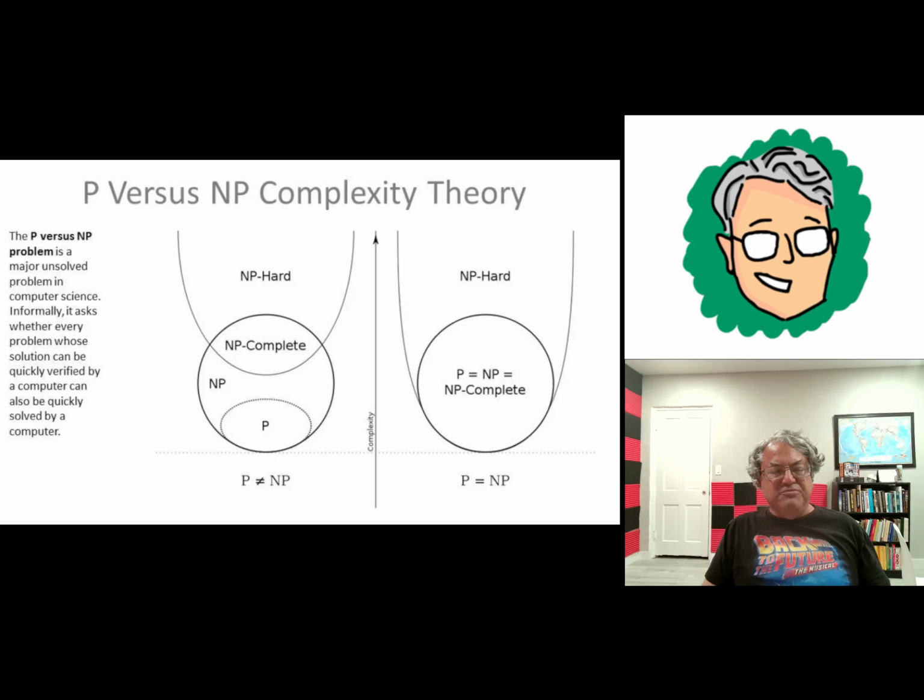And I think I told you some problems that are P. Basically every arithmetic operation we do, like addition, subtraction, multiplication, division, no matter how large the numbers are, no matter how large the input. If your problem is just to do some arithmetic, then that's P. That's easy. P problems are considered easy, by the way.